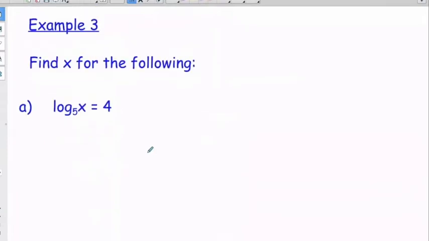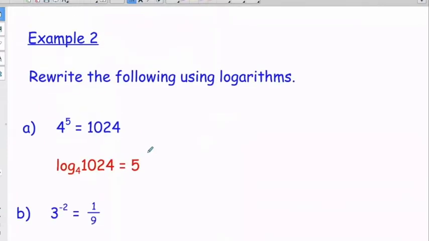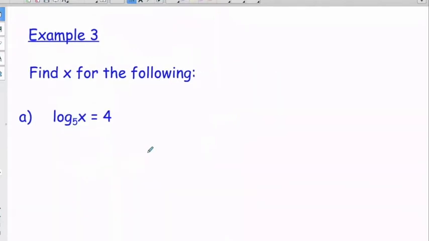Another thing we can do is similar to these ones, but we're now having to fill in an unknown using that relationship that we've been talking about. So I'll write it down again. Y is equal to b to the power of x. Hopefully you know what I'm going to write down here. X is equal to log to the base b of y.